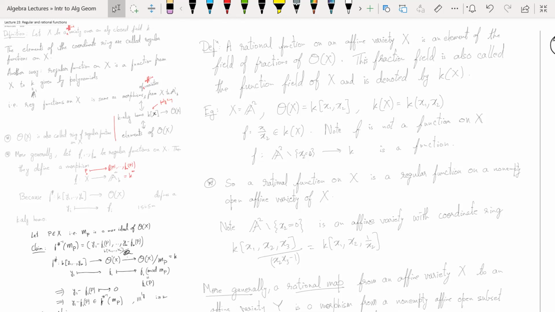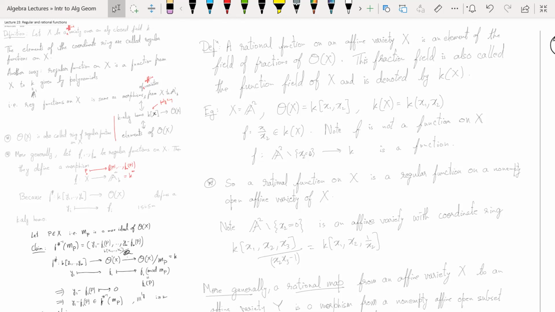But for rational functions, at least in this definition, we need it to be a variety so that we can talk about the fraction field. But there is the other definition which works slightly more generally. Anyway, we are discussing affine algebraic sets, but we won't discuss much about rational functions on them.